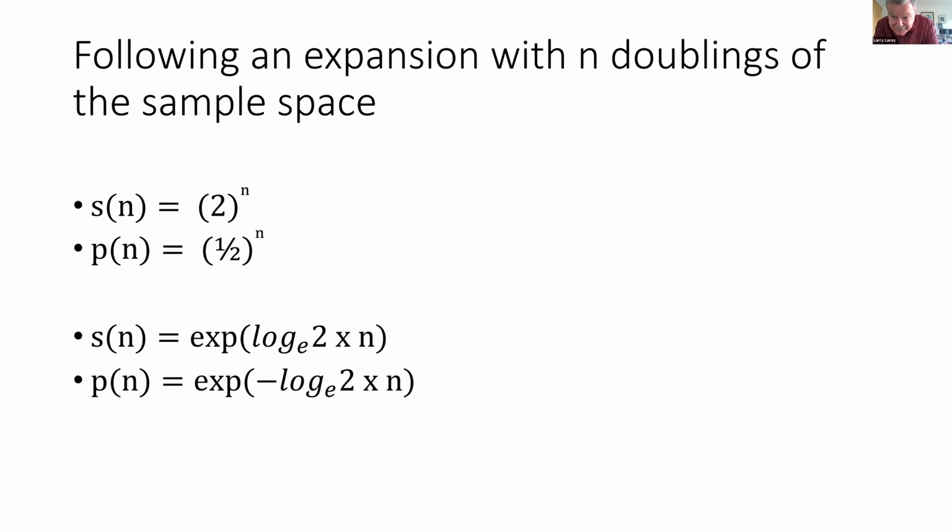That could be restructured into exponential format, which will be clearer when we come to the next set of slides. So I've simply re-expressed 2 to the power of n as exponential of log 2 times n. Same thing.